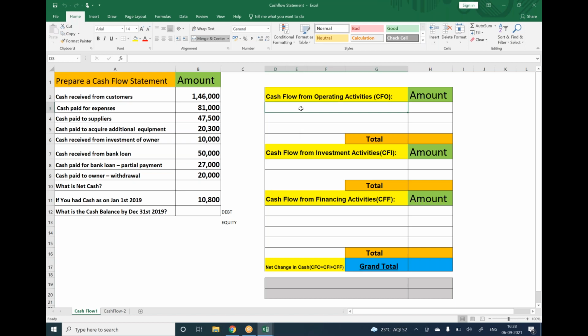Okay, now we'll see this. So what should be the CFO? Okay, let's see. You are getting 21,000. Some of them are getting 10,200. Okay.